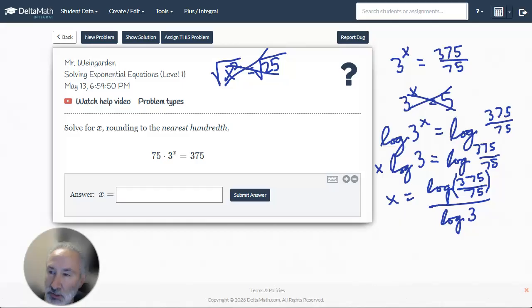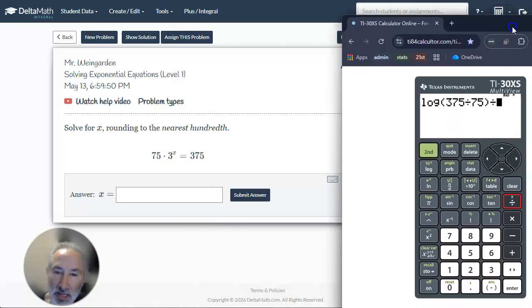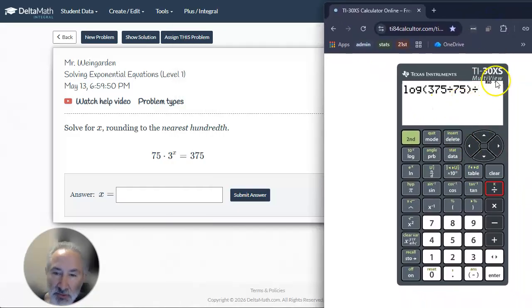So now I'm going to try showing you this. Let me exit my drawing. And so now we're going to try to divide by log of 3. There we go. And you'll notice that I have to put the 375 divided by 75 in parentheses.